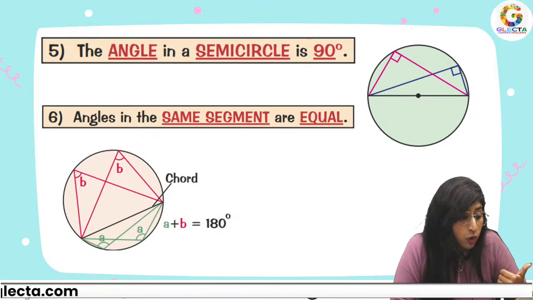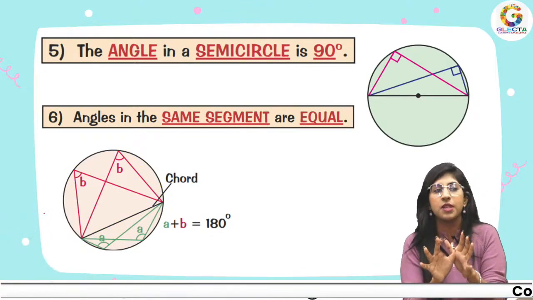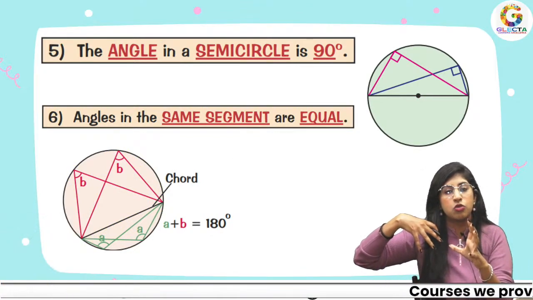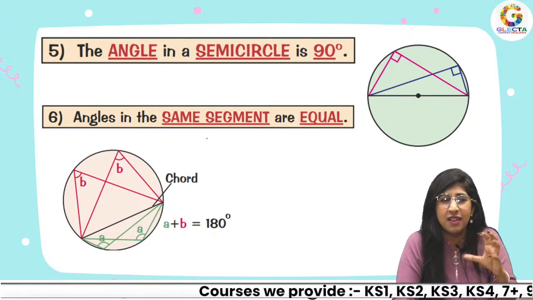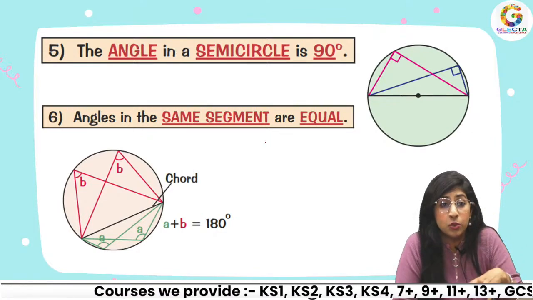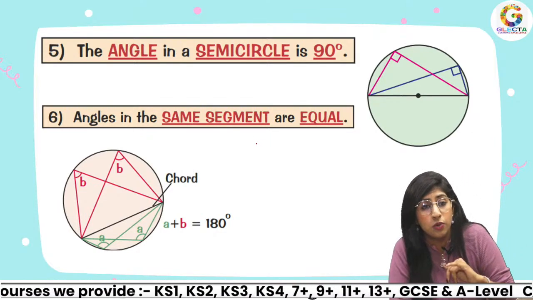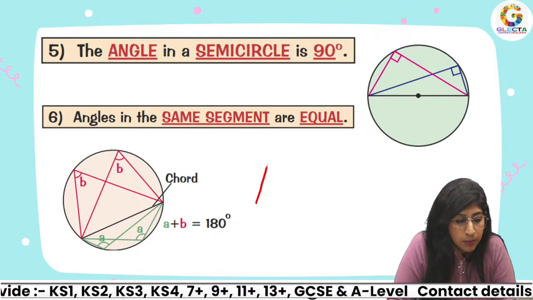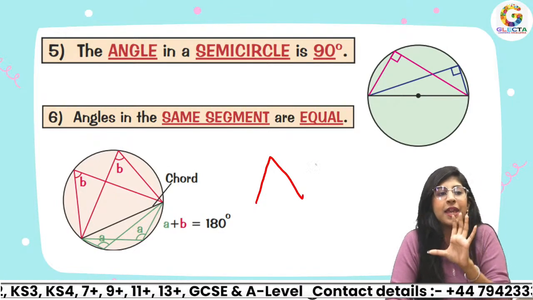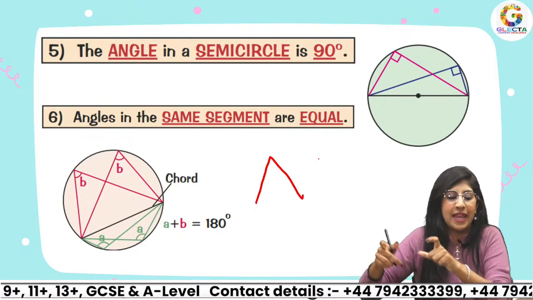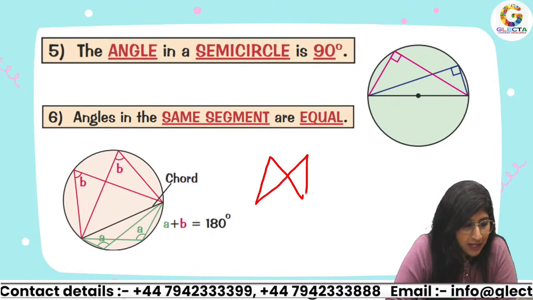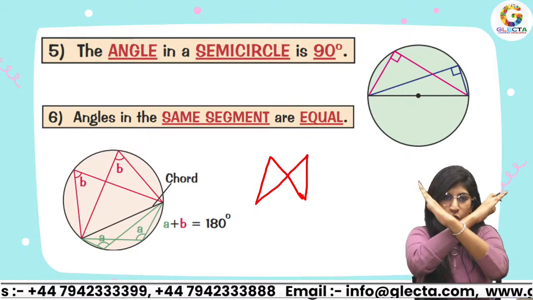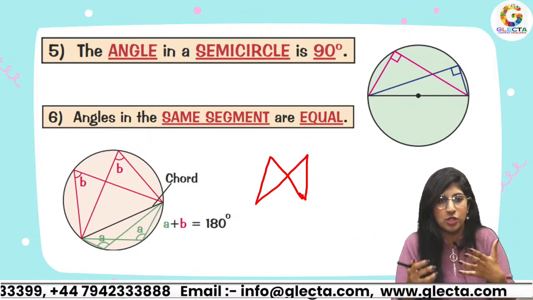Now, how do we look for it in the question? Circle theorems are easy to understand, but when it comes to questions, that's when we face a little difficulty, because we are unable to identify which circle theorem would be used. So I'll tell you a simple way. Look for an M and an X, like a cross and an M being formed.